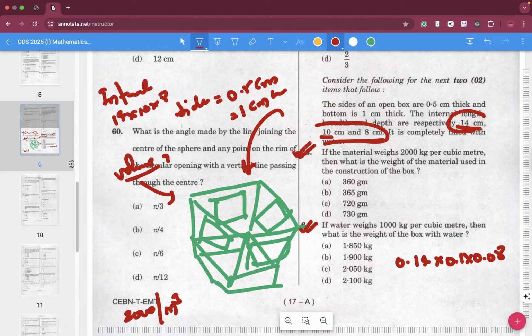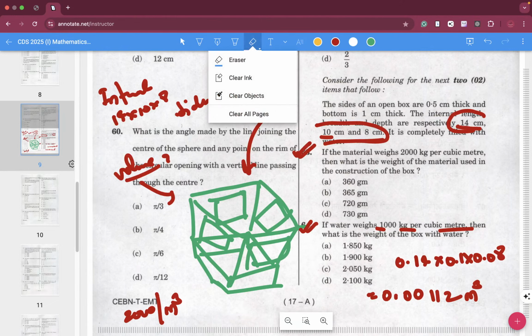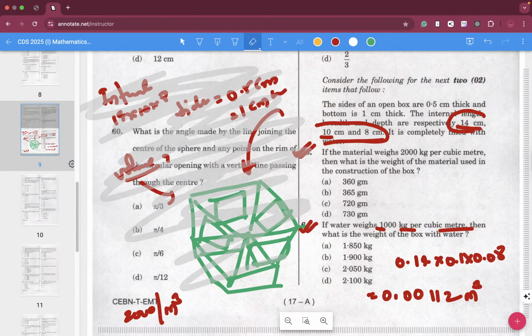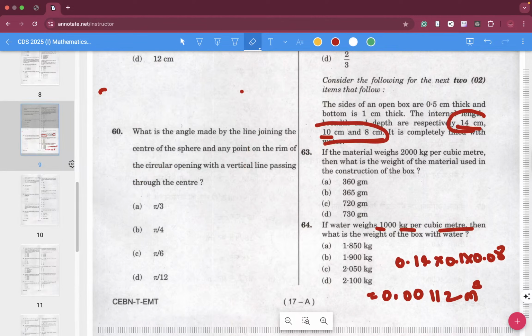So now what is this particular number? 112, right? So this is meter cube. This much volume of water will be there. Now they have given 1000 kg per cubic meter, so we multiply this number, 0.00112, into 1000, simply, right?